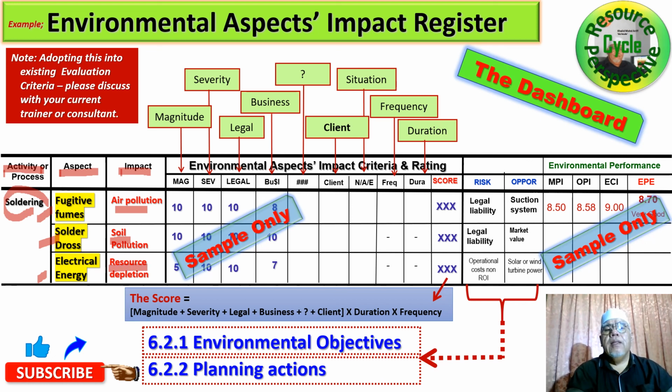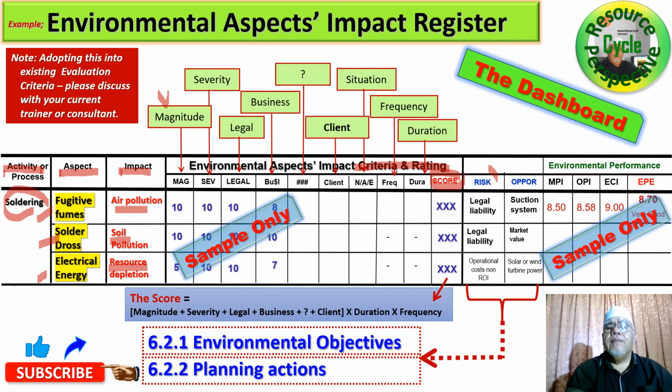And we have here the aspects' impact evaluation. So we have criteria and rating, which is in another appendix, and for each of these criteria, like magnitude, there is a criteria for it. So we've got magnitude, severity, legal, business, etc. You can add on, and we have a score system to determine in numeric form how much they score. The higher the score for this particular calculation, or formula, the higher the significance.